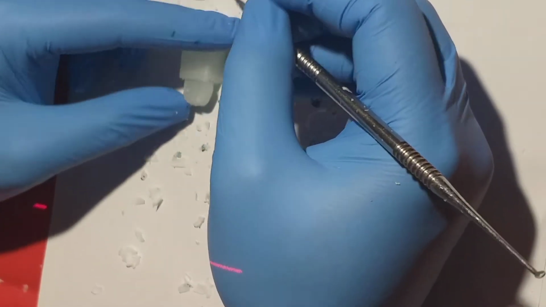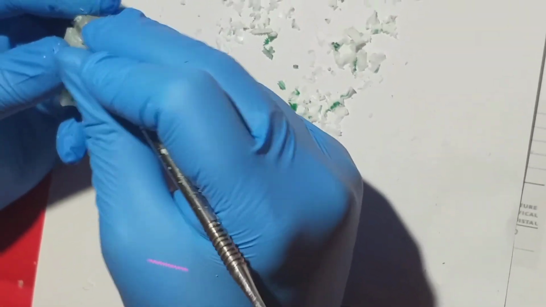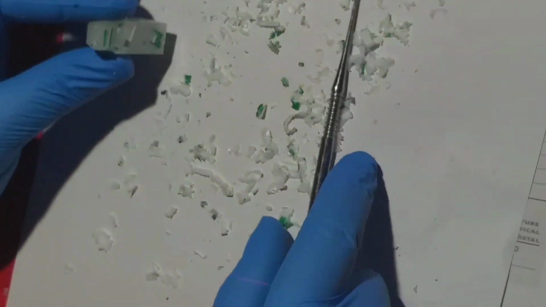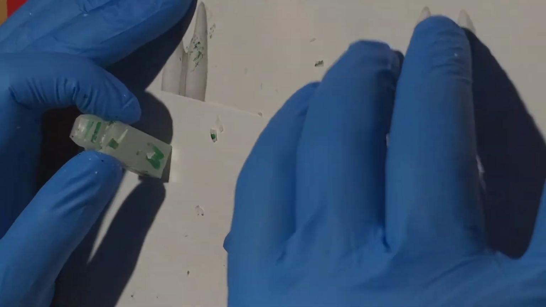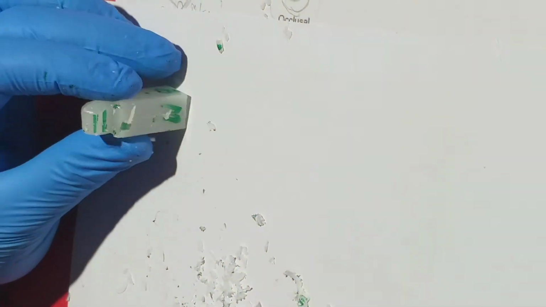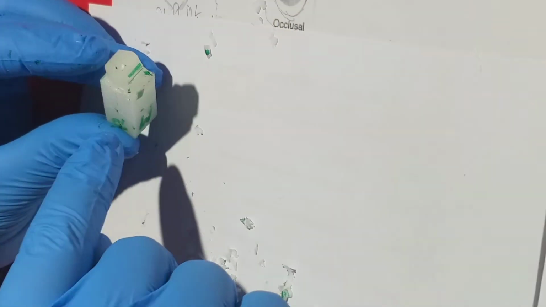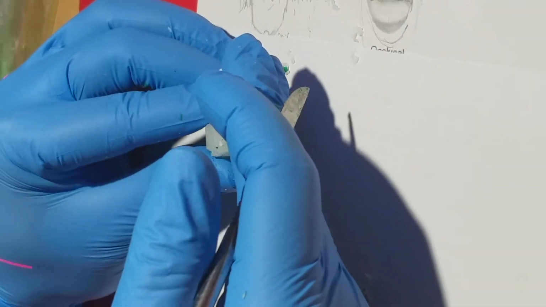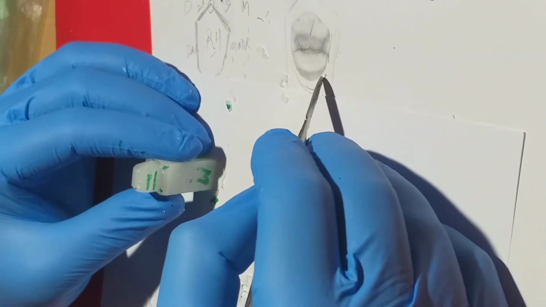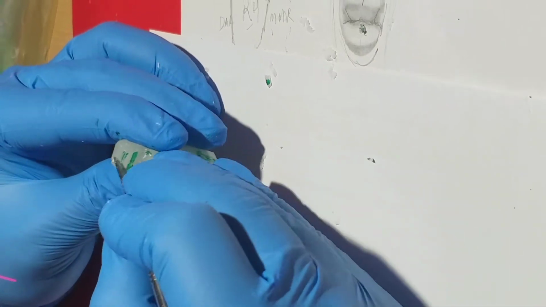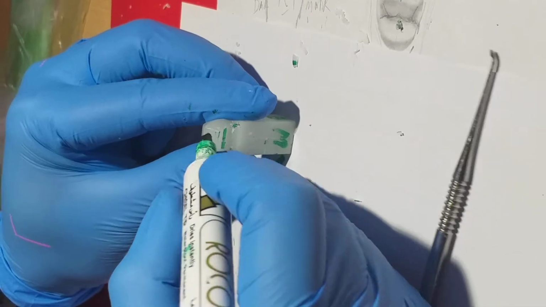If you see the occlusal surface here, it's not straight like this. This is buccal, this is palatal. If I check this occlusal surface, it is not straight, it is narrowing. So now I'll be narrowing the crown from the occlusal surface.